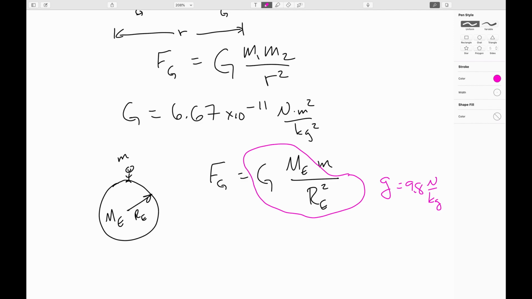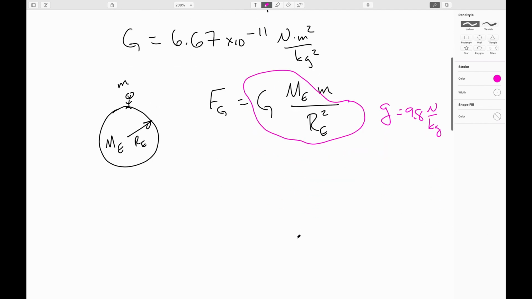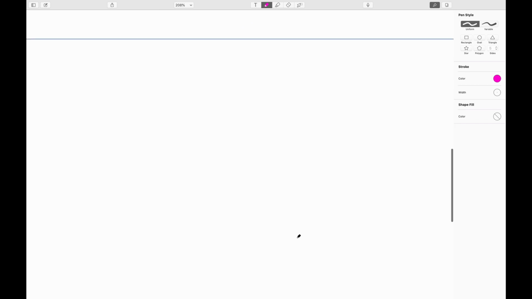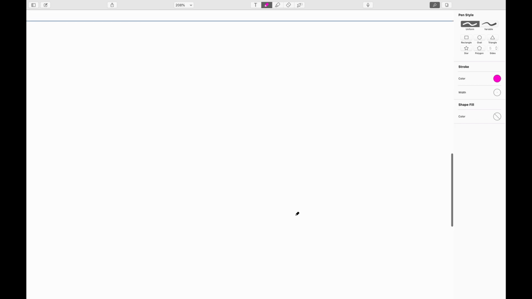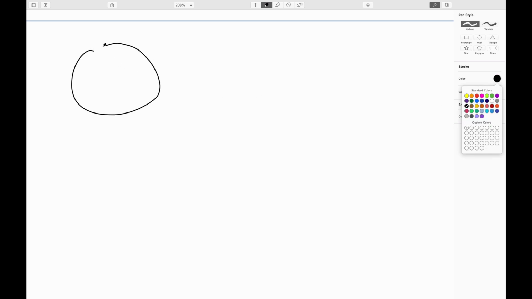So just to maybe make this a little bit more concrete, let's go and take a look at the gravitational field strength on the surface of the moon. So here's the moon.